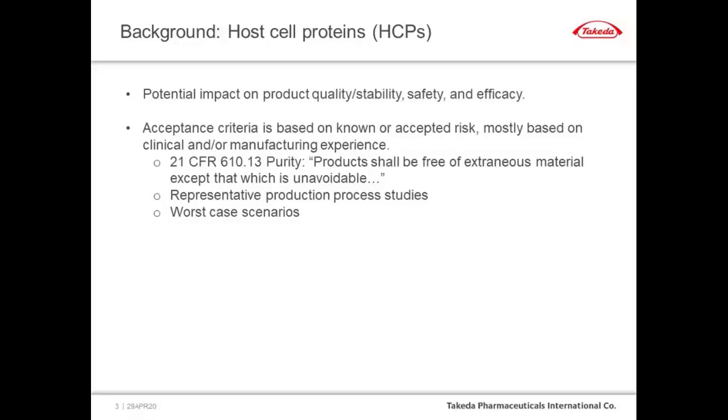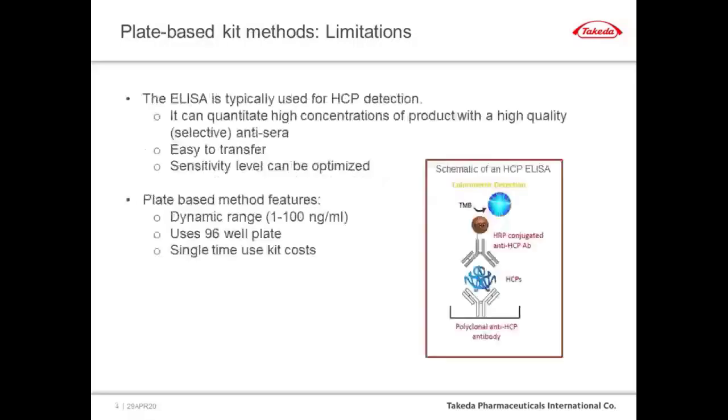So when that's the goal, most of the time, what we do in the lab is run a lot of representative production process studies, and we also study a lot of worst-case scenarios to document and evidence that these HCPs were removed during the production or development stages.